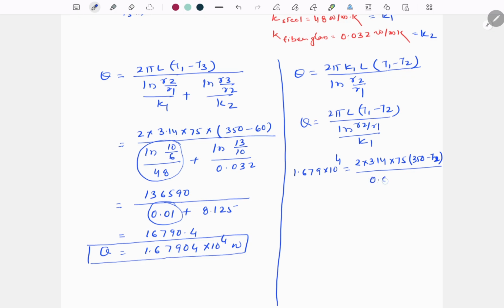We'll directly write 0.01. So if you simplify it, you'll get T2 is equal to 350 minus 0.3565. So T2 is equal to 349.64 degrees centigrade. So very little difference between T1 and T2. If you do not do the insulation, a higher amount of heat loss will occur.